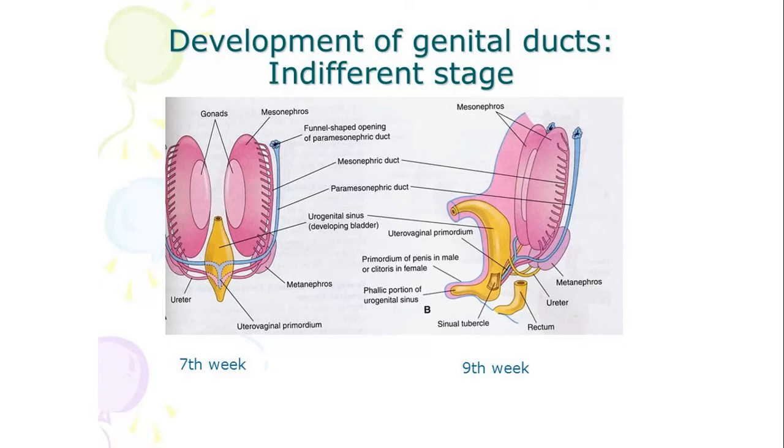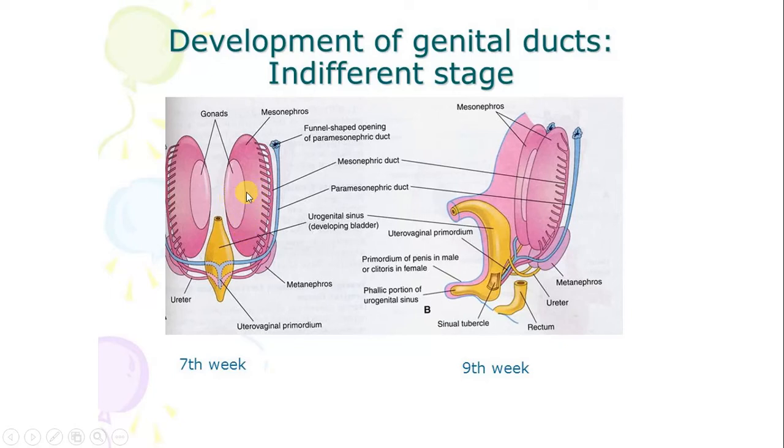In the ducts of the indifferent stage, we can see here the ducts, there are some ducts that are going to diminish, and other ducts that will develop. So here we see the duct along the mesonephros, the mesonephric duct, that will ultimately become connected to the gonads.